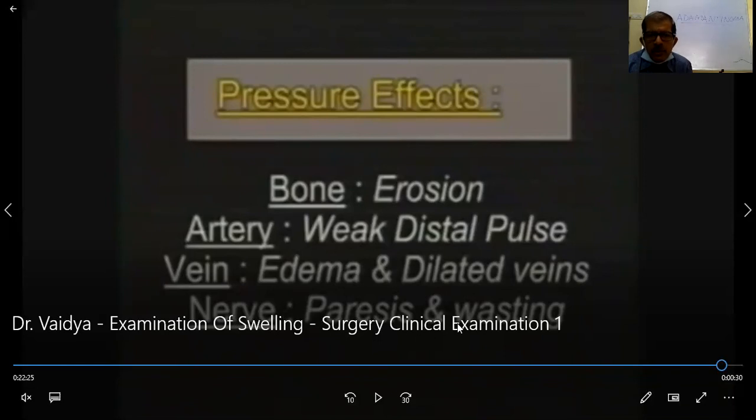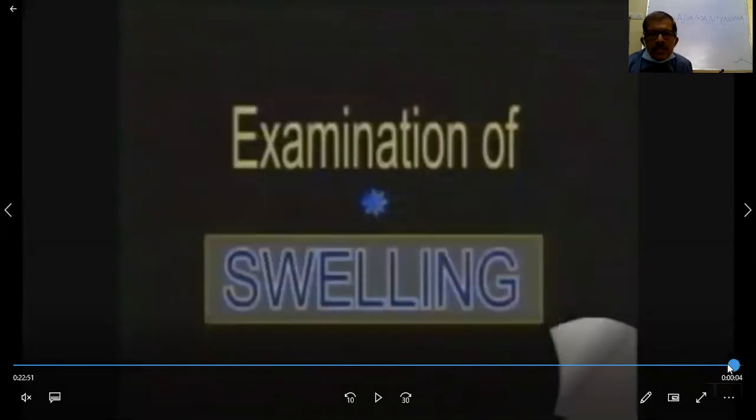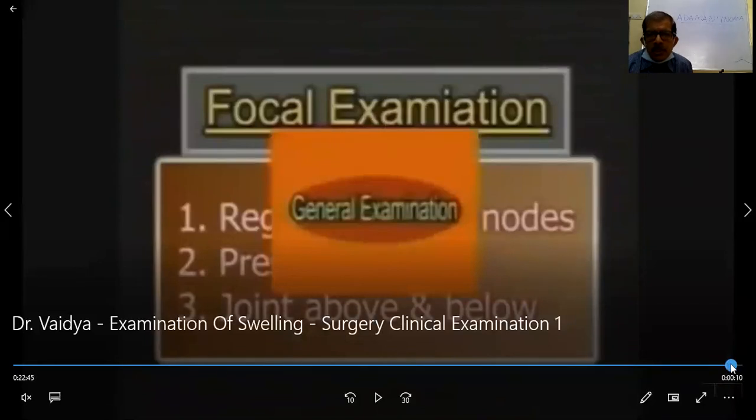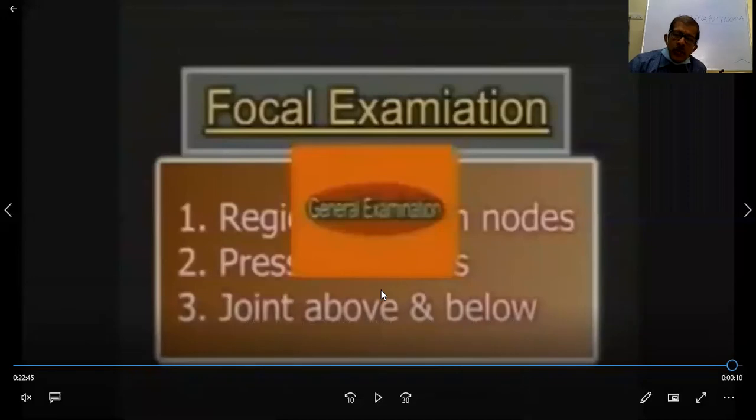Nerve compression will lead to paresis and wasting of the muscles. Then finally, you will go for systemic examination. So that is general examination. Okay. So that finishes your examination of a swelling.